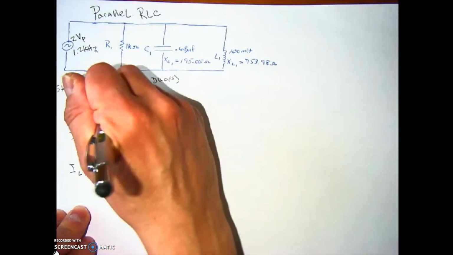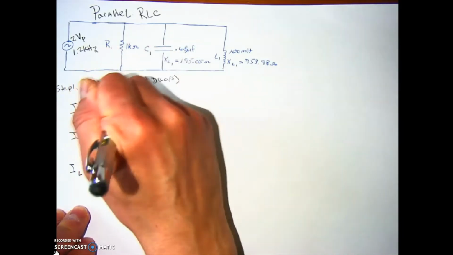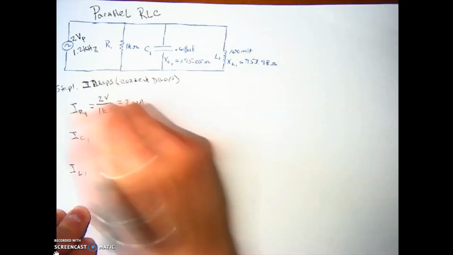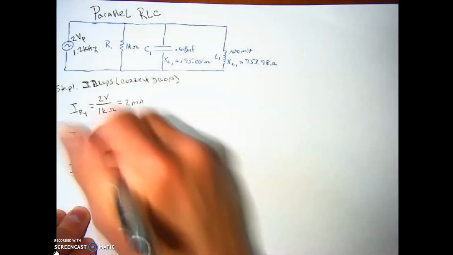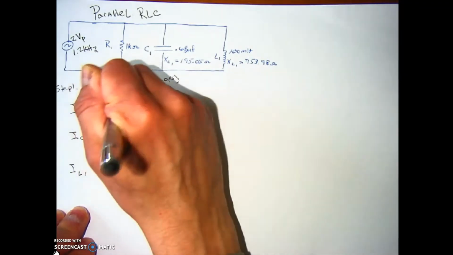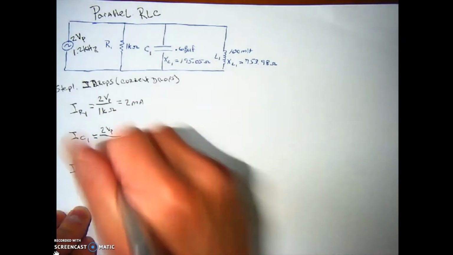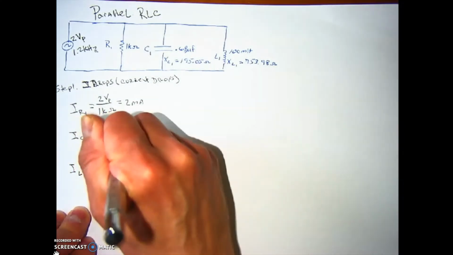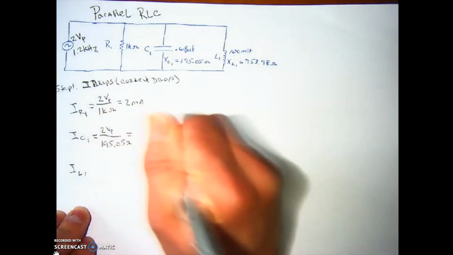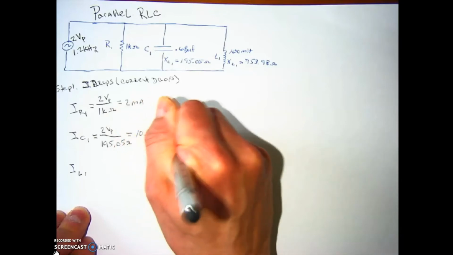So in this case, we're going to have 2 volts divided by 1 k ohm, and that's going to give us 2 milliamperes of current. IC1 is going to be, again, 2 volts, and remember, we should put the peaks right here so we understand that we're in AC. 2 volts divided by 195.05 ohms gives us 10.25 milliamperes of current.